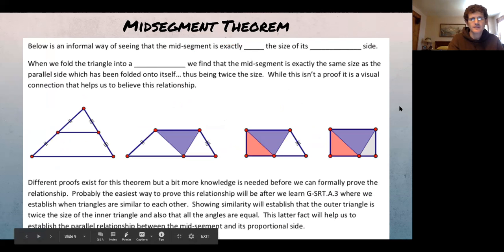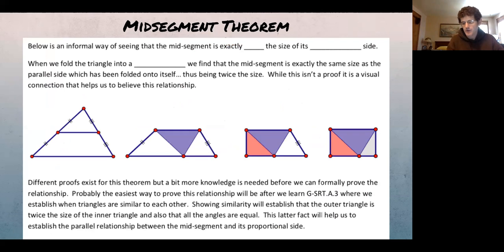And before we dive into problems dealing with this, I wanted to show you an informal proof. If we were in person right now, I would hand out triangles to everyone, and you guys would take the time to fold these and show this proof. It's not a formal proof, but it's an informal one. So imagine you could find the midpoint of two sides. So we've got a midpoint here and here.